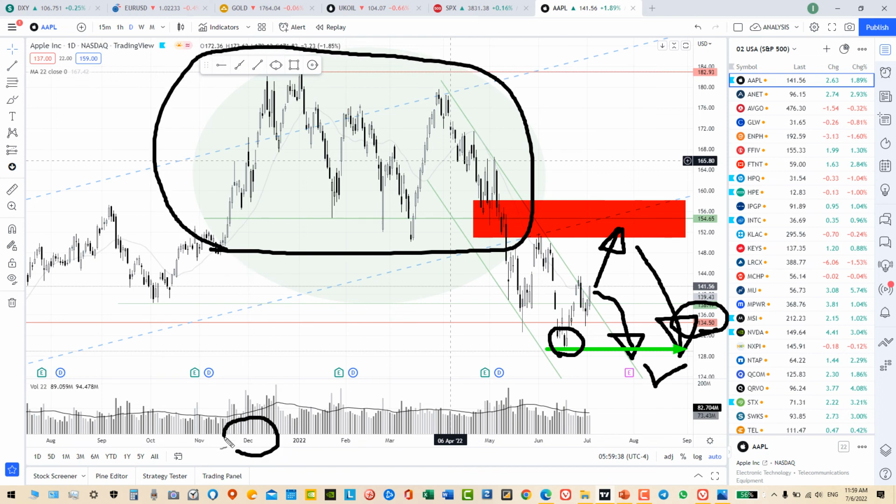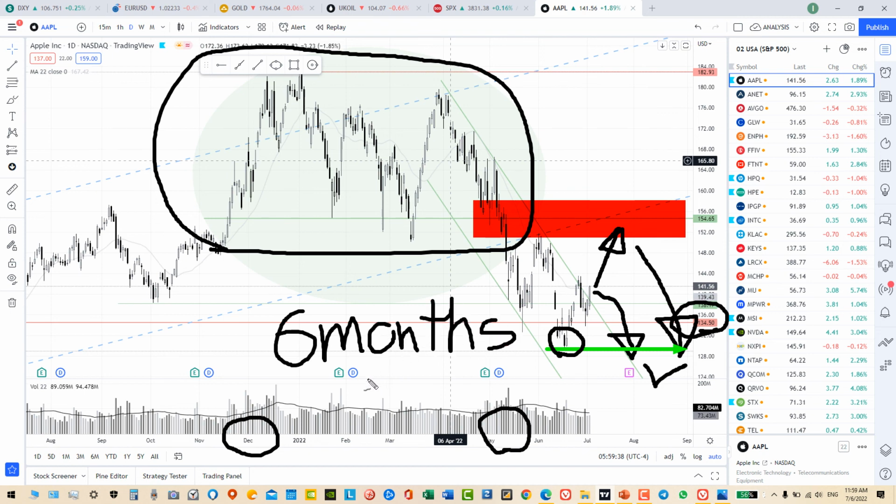It took from December 2021 and was resolved in mid-May 2022, which is 6 months long, and 6 months is long in a reversal pattern. I think we do have at least a year and a half of bearish environment over the long and medium term in Apple.